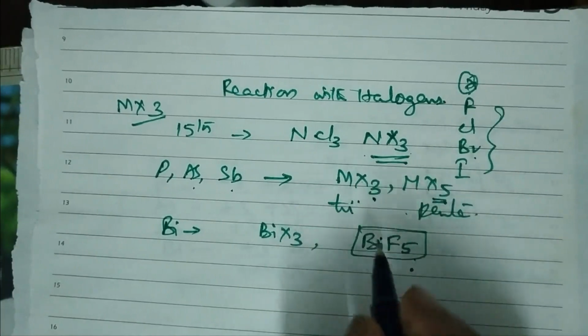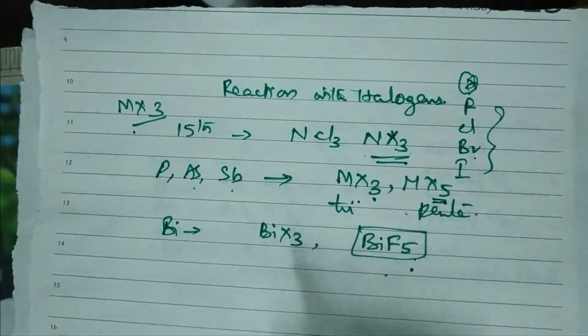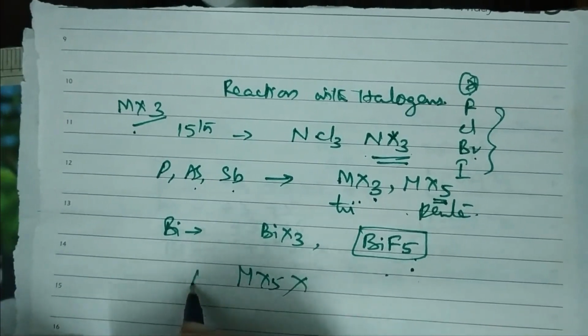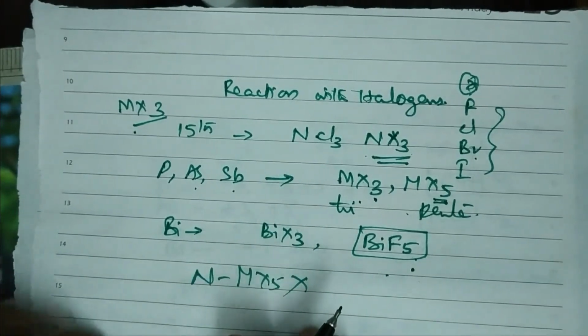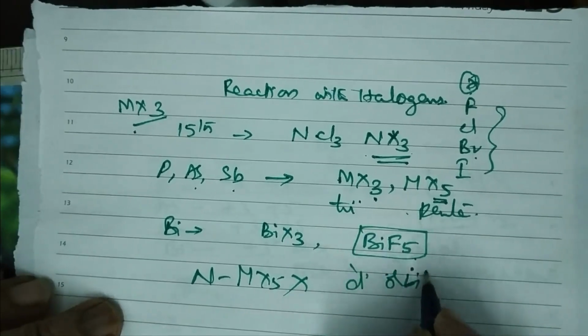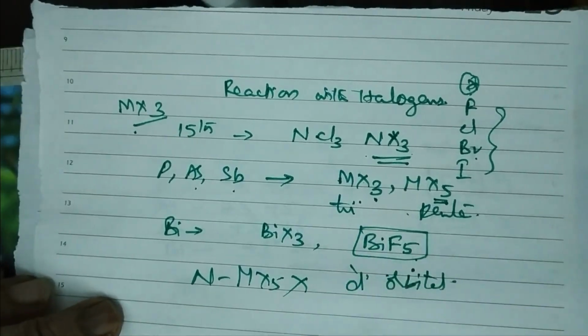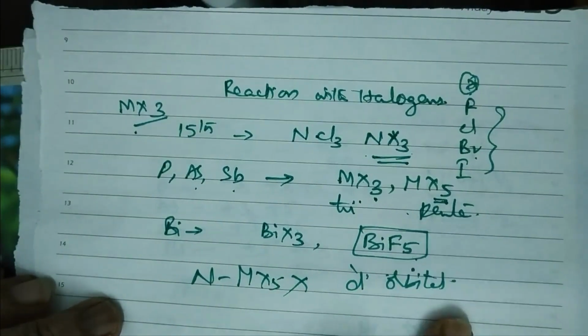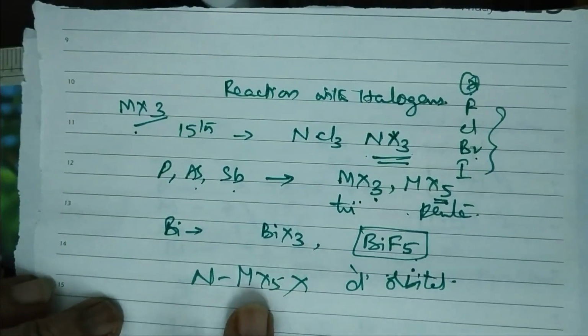Nitrogen gives only MX3 type halide but not MX5. Why? Because it has no d orbital at all. Nitrogen is the smallest element and it has no d orbital in its outermost shell. So it gives only MX3 halide but not MX5.